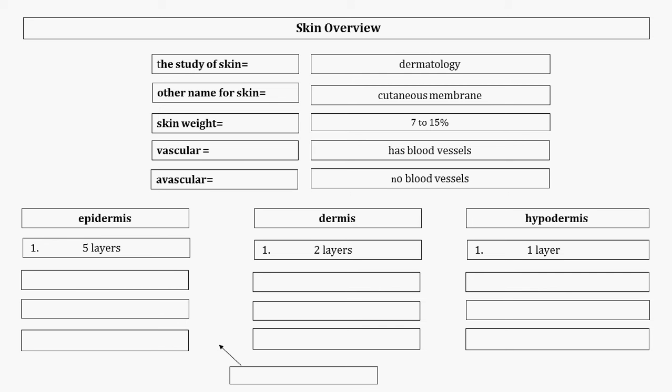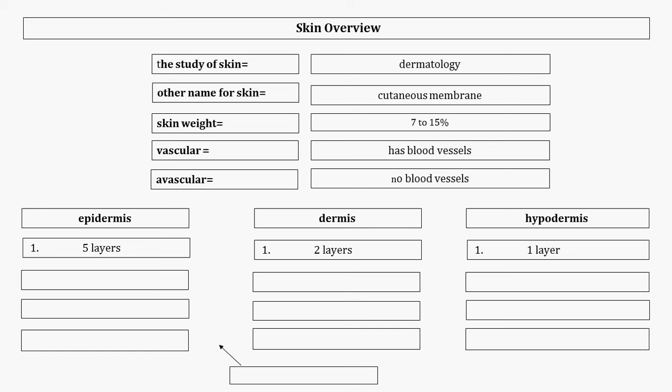If you were to stick a needle in your skin, particularly in your palm, you would go through 5 layers of the epidermis, 2 layers of the dermis, 1 layer of the hypodermis, and after the hypodermis is muscle, and after the muscle is bone. So technically you would go through about 10 things, and bone being the last one.